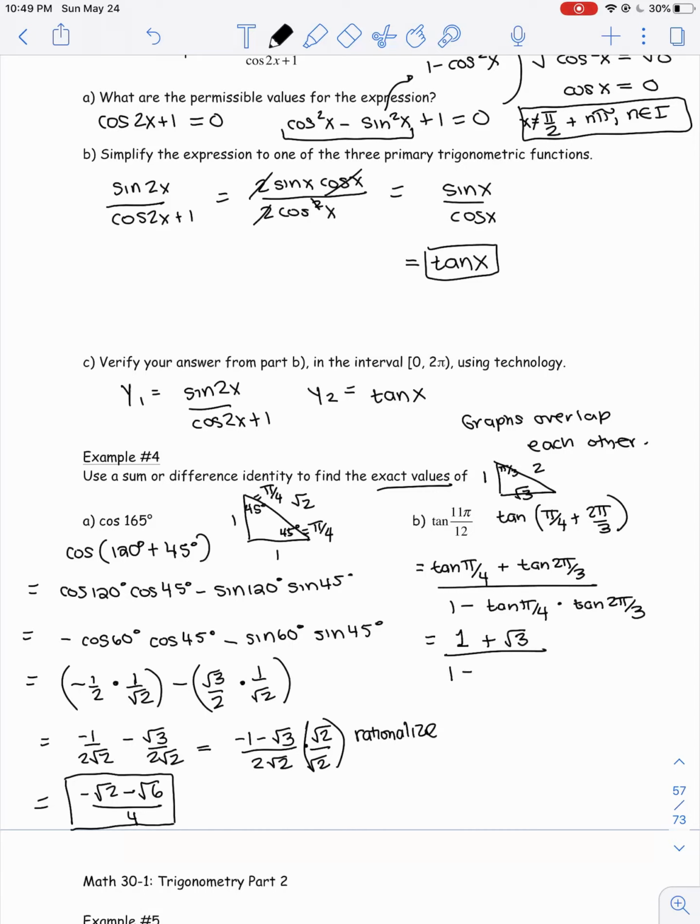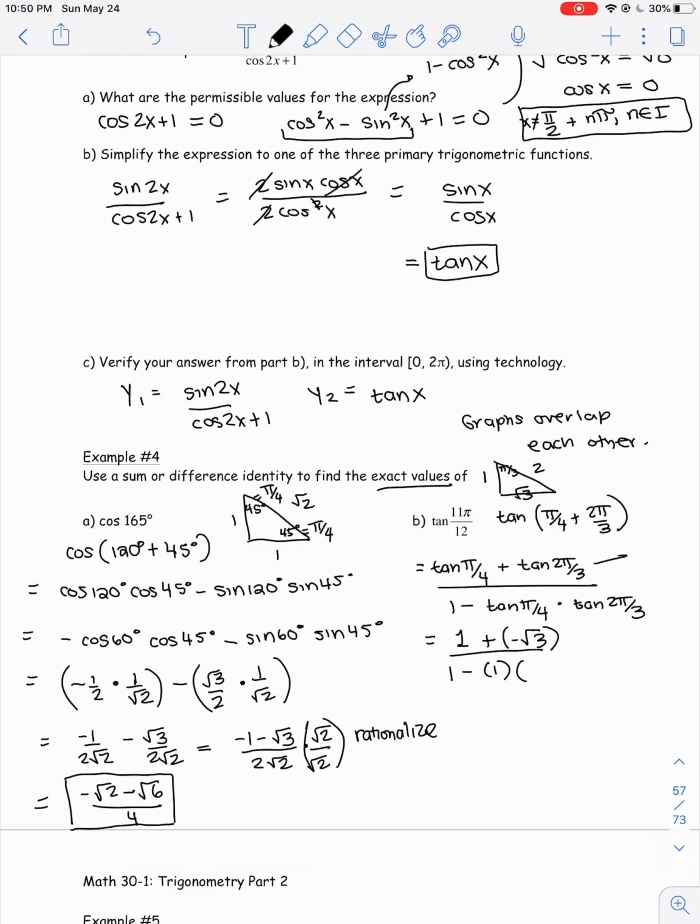Our bottom would look like 1 minus, and then tan pi over 4, we already know that's equal to 1, multiplied by, and then we also know, so before I continue, I do need to write that this root 3 should actually be negative.